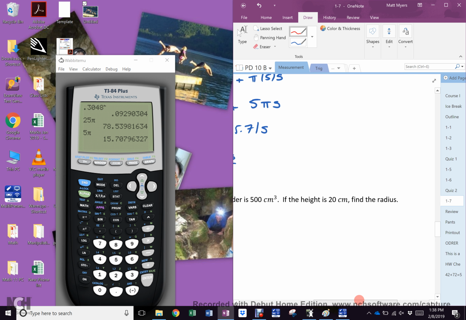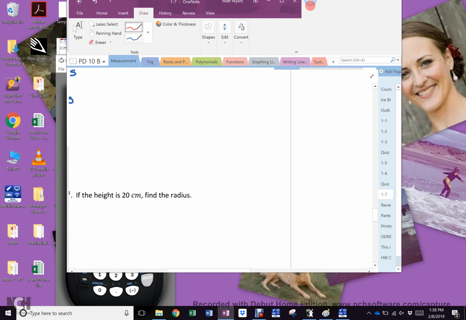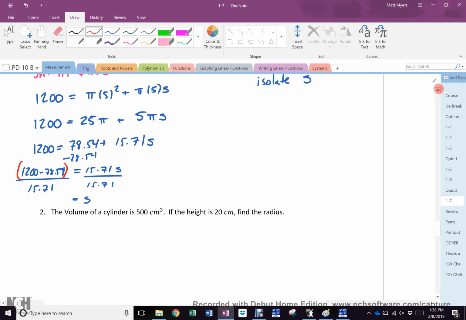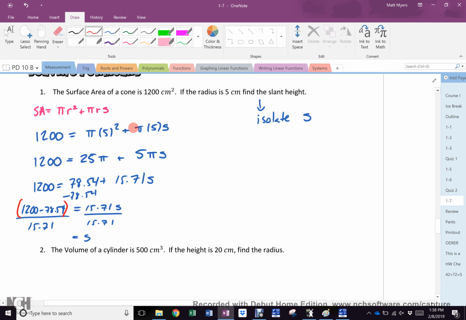Now, you will notice I am sliding over to this blank space on the right. I'm going to rewrite the same thing right here. 1,200 equals 25 pi plus 5 pi s. When you get later in math, they will not want this answer. You will need to do this. 25 pi is just a number, isn't it?